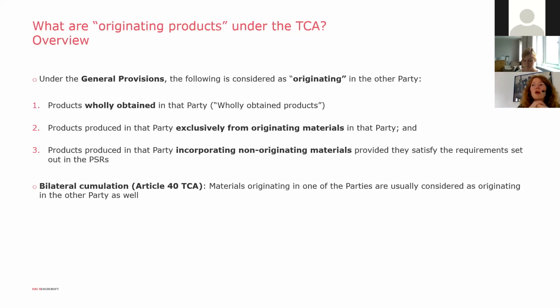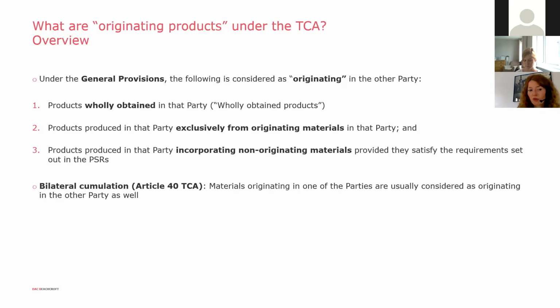So in other words, you have two wholly obtained products that are then being produced as another product. And last but not least, products produced in that party that are incorporating non-originating material, provided they satisfy the requirements set out in the PSRs. So the third one is obviously the difficult one. That's why we're going to have a quick look into it shortly.